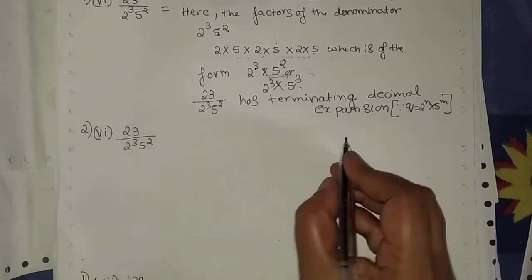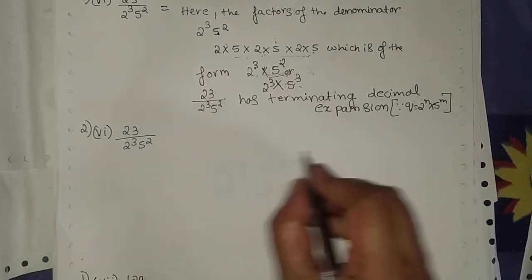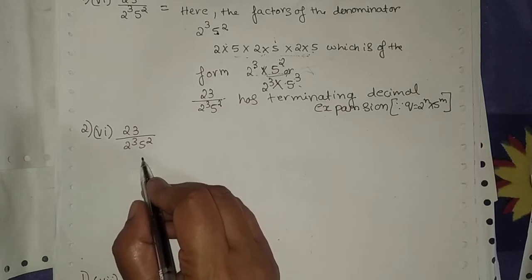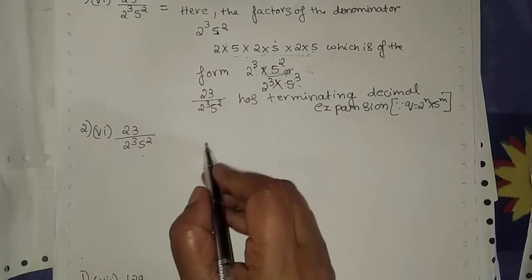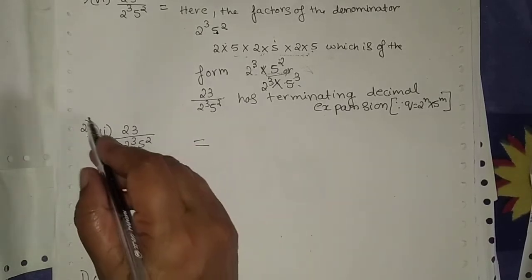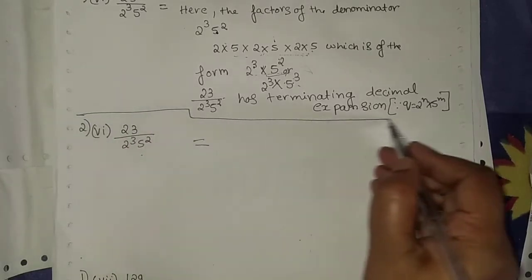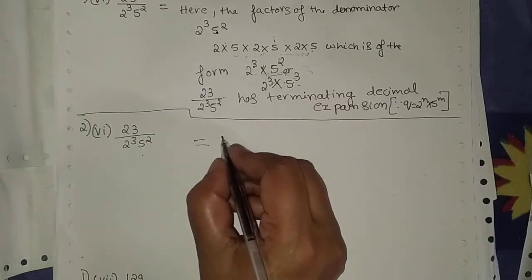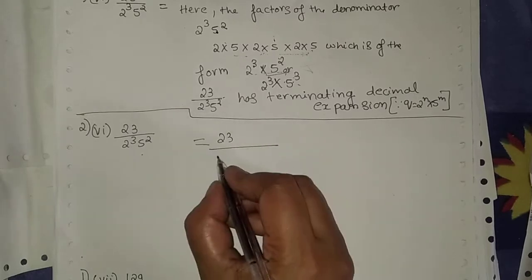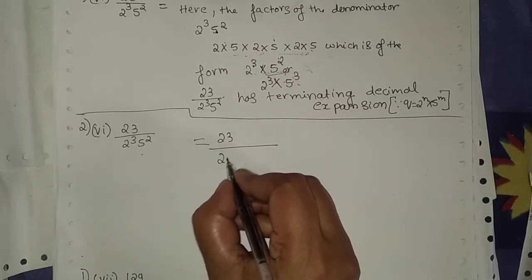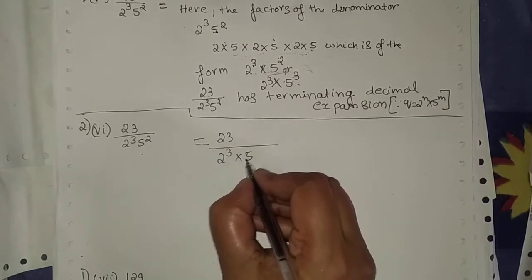So here what we have to do, we have to take this denominator, and anywhere they are given in the form 2 cube 5 square, we'll take 23 and 2 cube into 5 square.